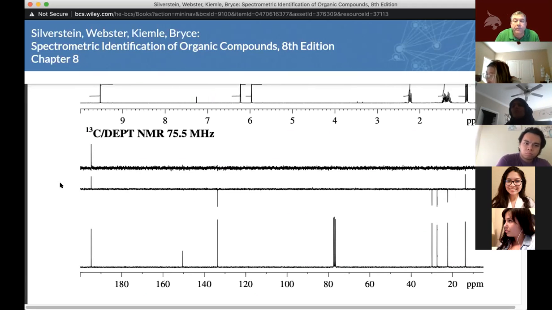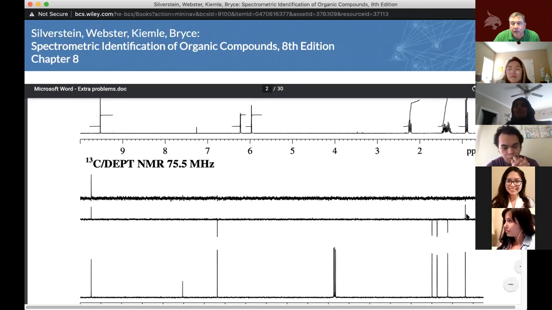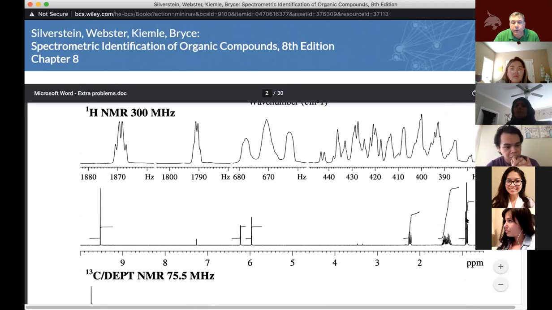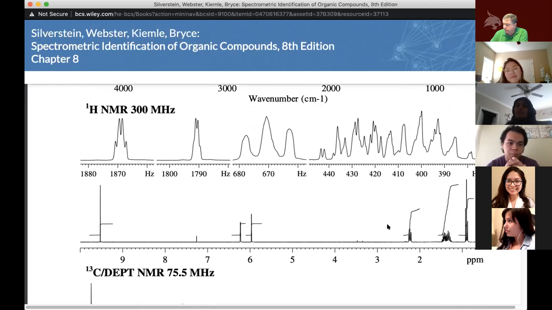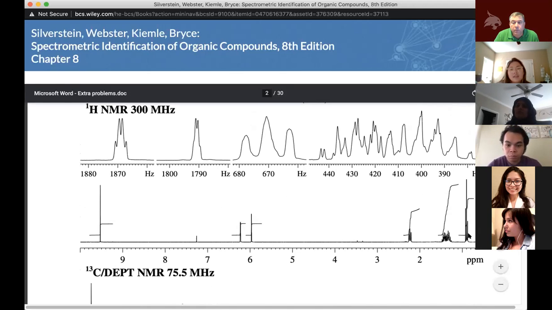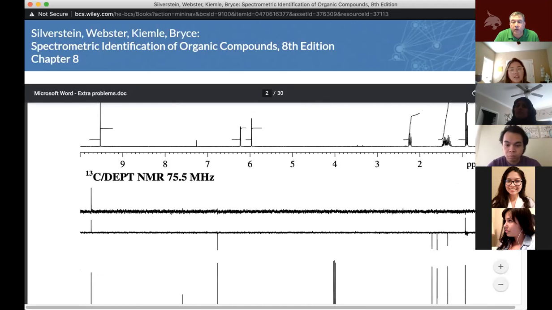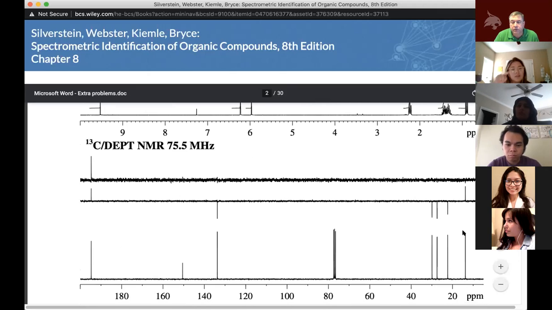We have one here, then 2, 2, 2, 2, and 1 or 3. Since our proton NMR has this triplet with a 3, I think we have at least a CH3 at the end of a chain, which is supported by the fact that this is just below 1, and we have one carbon that's a 3.